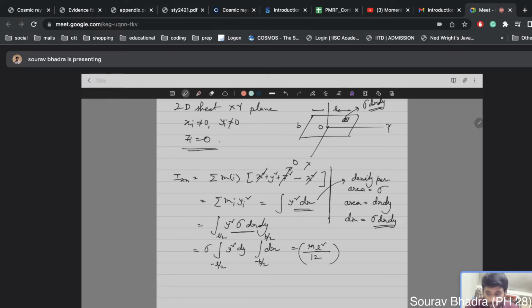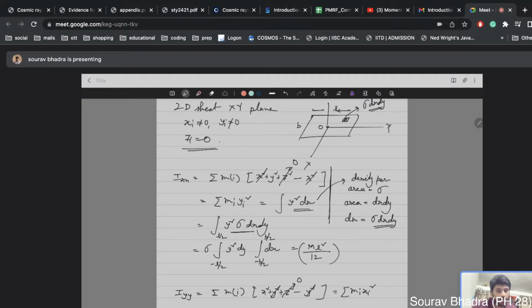Now what will happen for y? Iyy will give you mi times x square plus y square plus z square minus y square. Y square cancels out, z is always 0, so that is mi xi square.